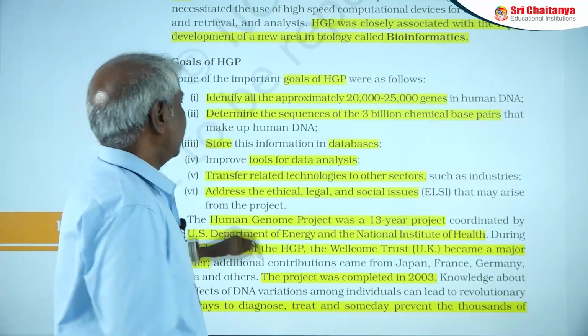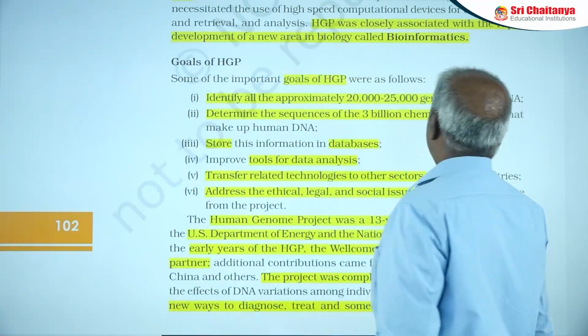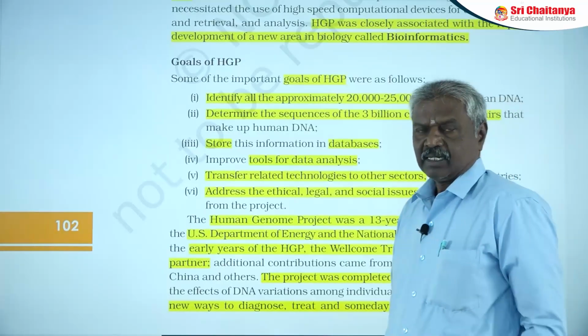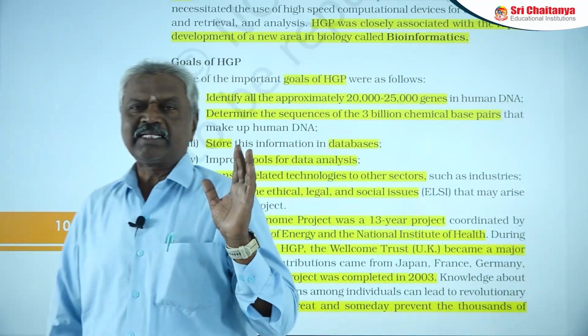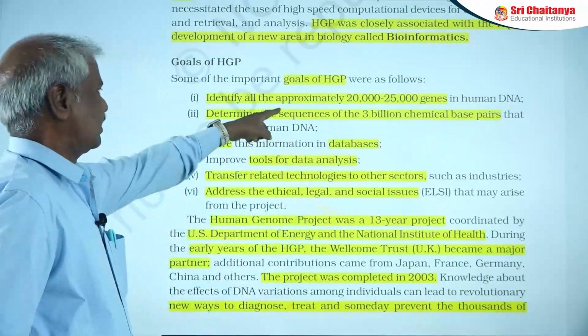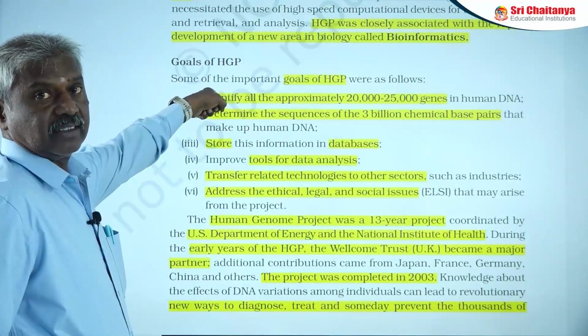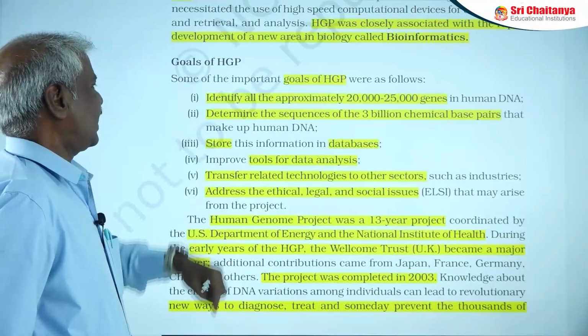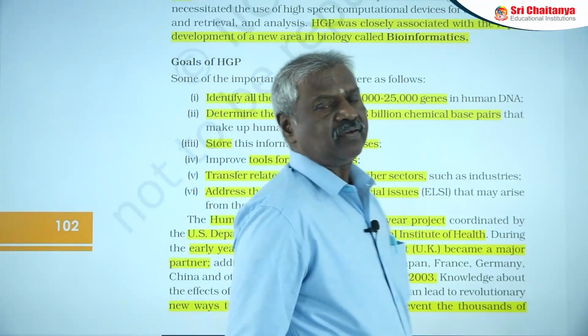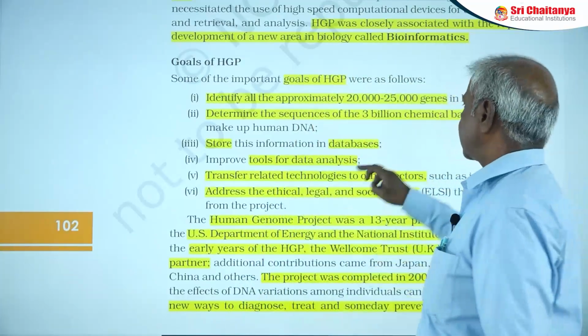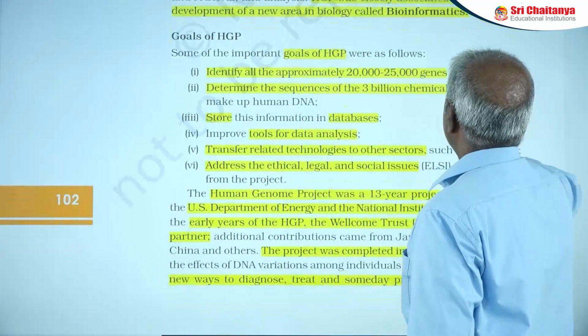The first goal is to identify the estimated 20,000 to 25,000 genes. Then the second goal is to determine the sequences of all 3 billion nucleotide base pairs.